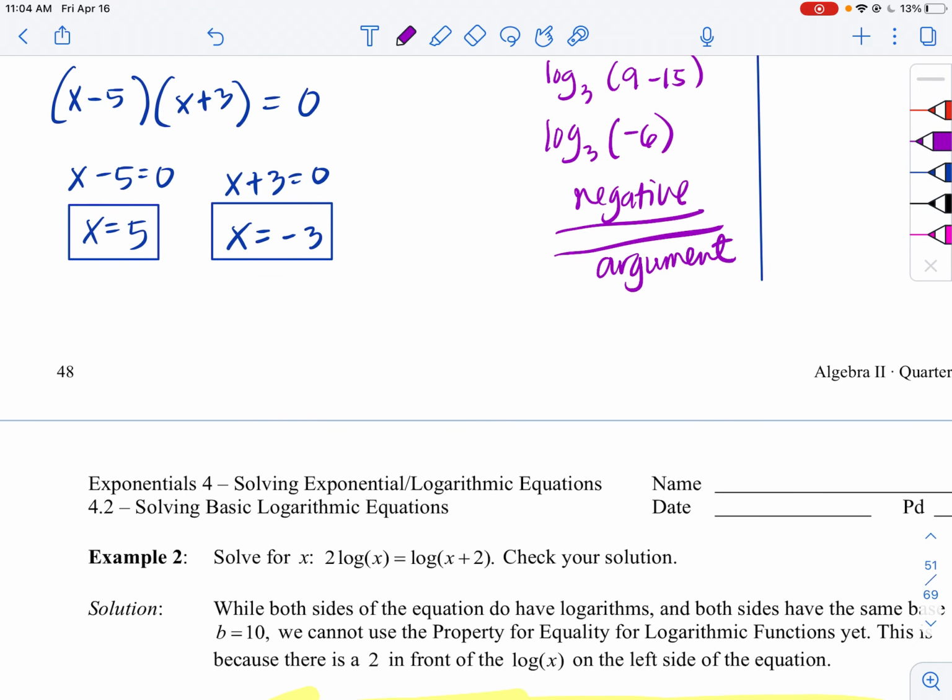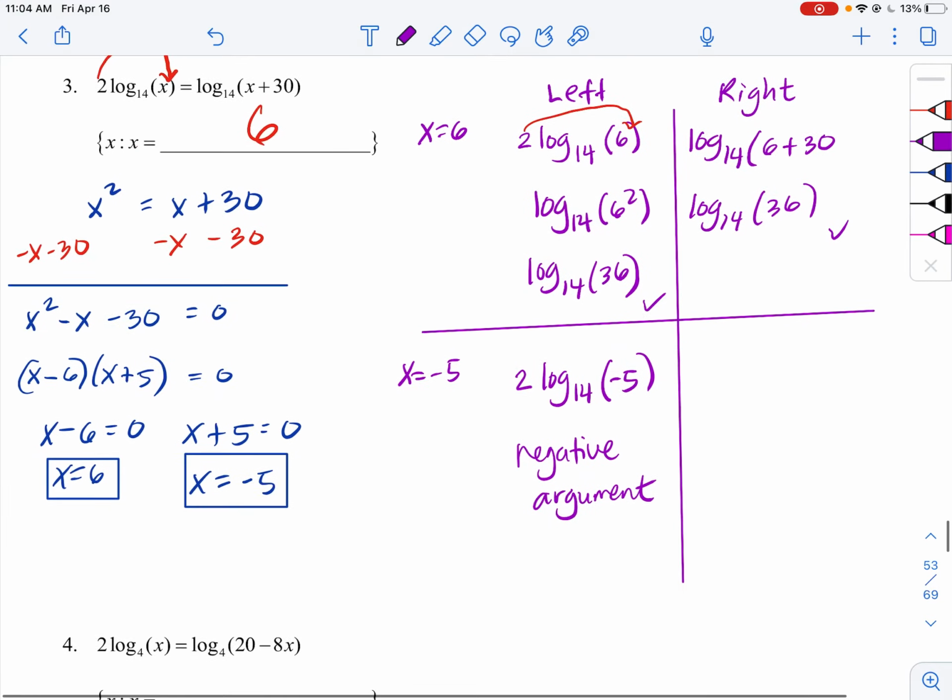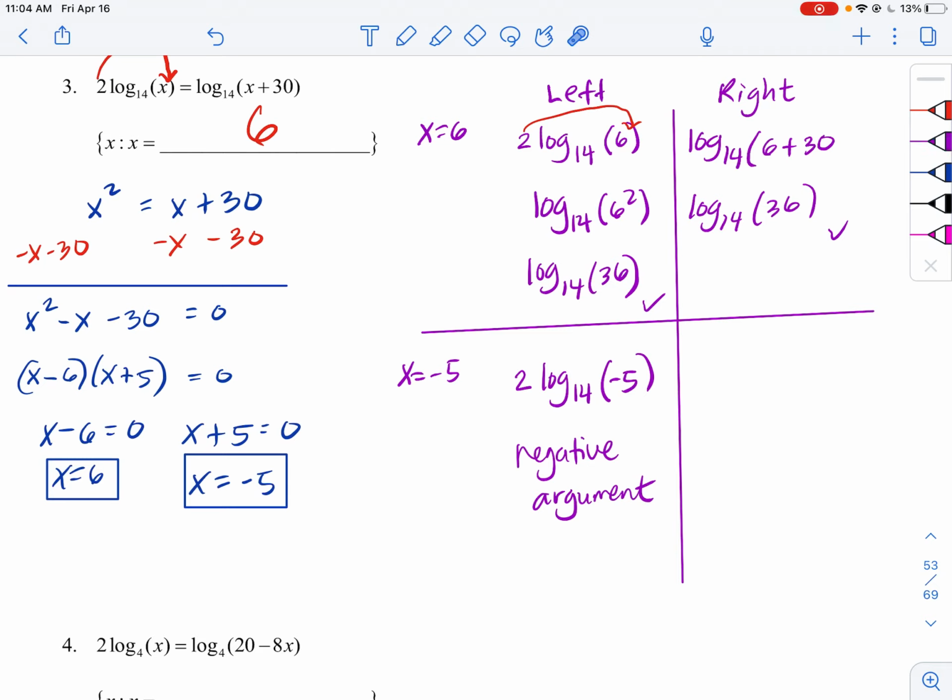Okay. Now, you might have a question, miss. How could it be a negative argument when, earlier in here, miss, you had a 6 and then you put the square on the 6 and it became 36? Then can you also do that over here and say, okay, this is 2 over here, and then a negative 5 squared becomes a positive 25, right? And it is already a positive 25, so that means it's not a negative argument anymore.